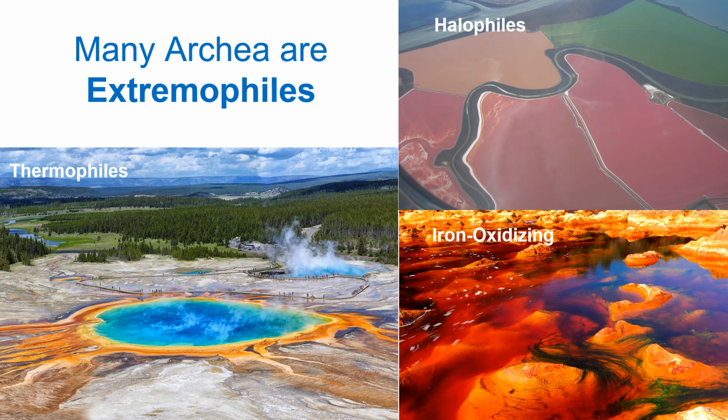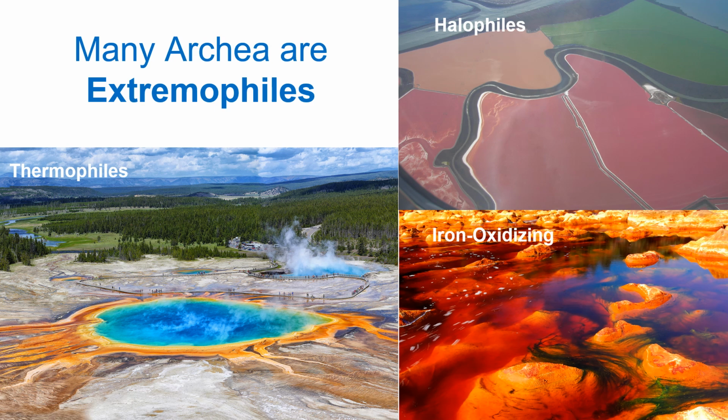We have some that are thermophiles. That means they love high temperatures. If you've ever gone to Yosemite Park, you've seen these hot springs. And by the way, if you haven't gone, definitely go. It is worth it. These hot springs are hot water geysers, and the water's coming out near boiling. And that's what you're seeing on the right here.